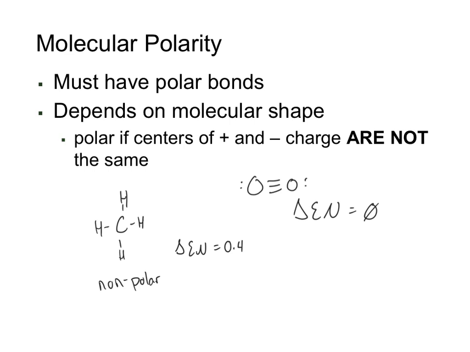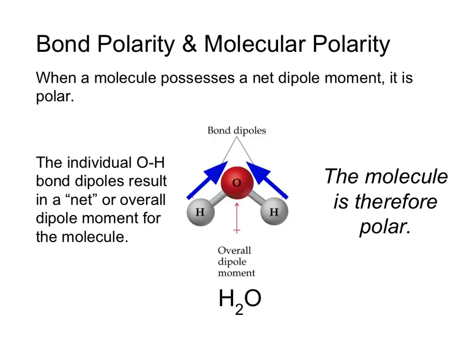If we do have polar bonds in a molecule, we must then also consider the VSEPR shape of that molecule to see if the polar bonds have a cumulative effect or if they might cancel each other out. And so let's take a look at the example of water. What we have shown is the VSEPR shape of water. Recall that our Lewis structure of water would look like this.